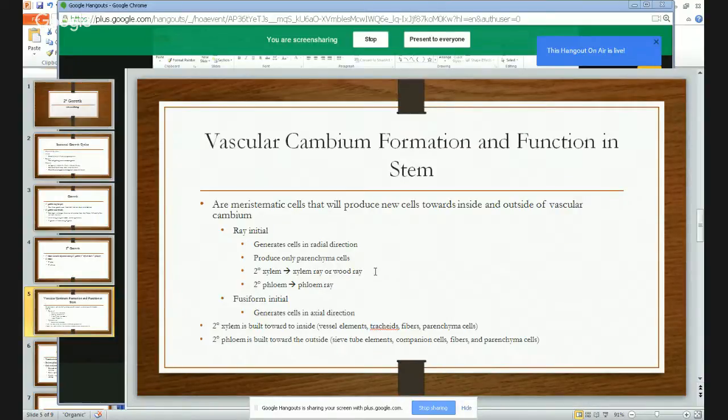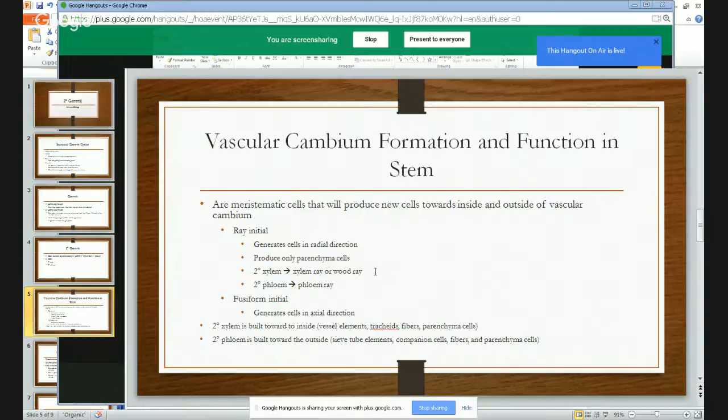So this is another picture of your vascular cambium there. That's going through your primary xylem and phloem, those vascular bundles there. And this is showing you your vascular cambial initial cell there.